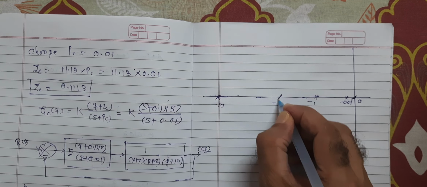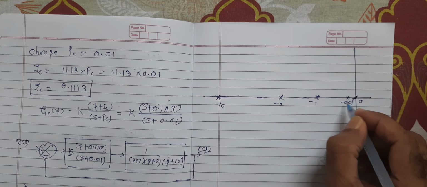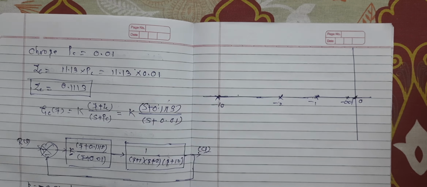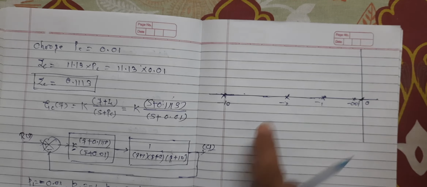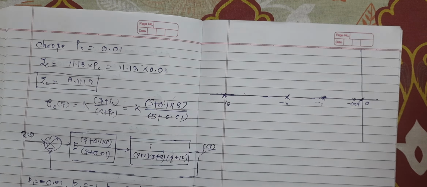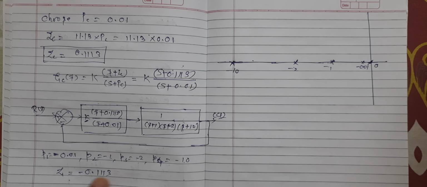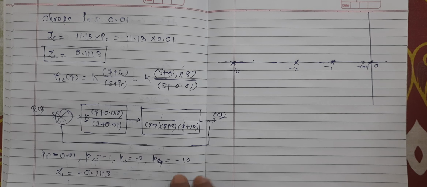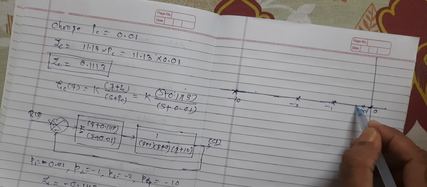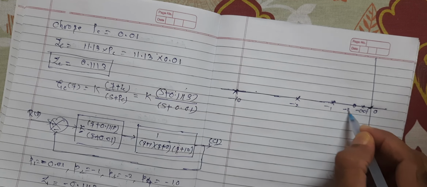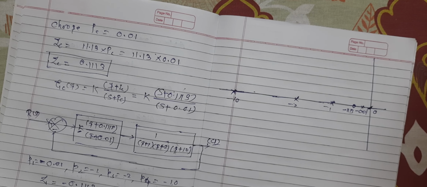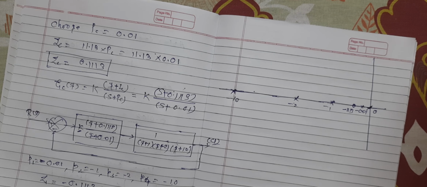These are the 4 poles. And this is Z1, which is equal to minus 0.113. Let's say here only, 0.113. Now see here.